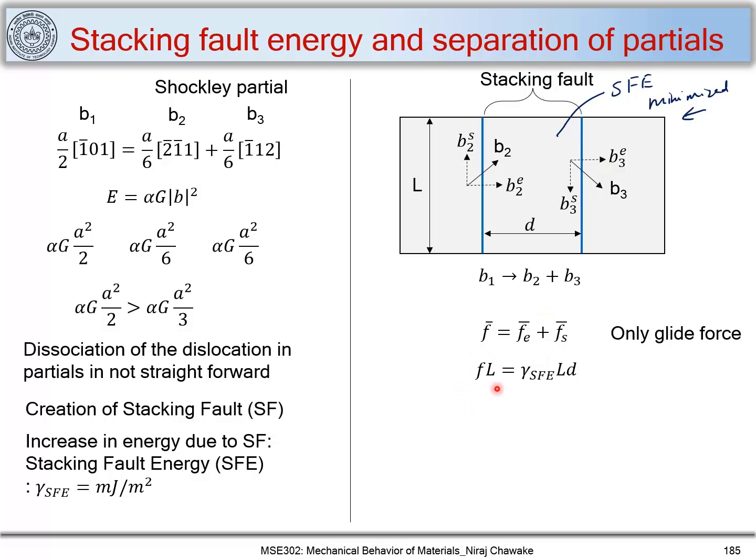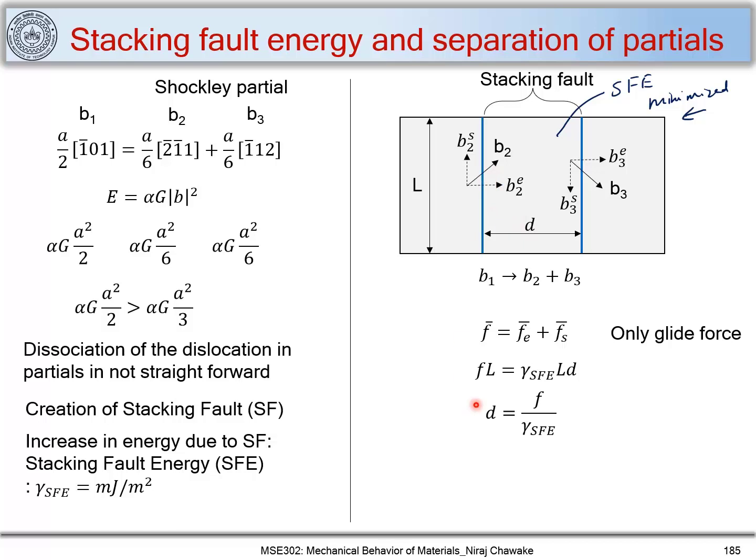This repulsive force is balanced by the force due to the stacking fault energy, given as gamma SFE times L times D, where L times D is the area of this region. This force balance gives us the equilibrium separation between the two partials.